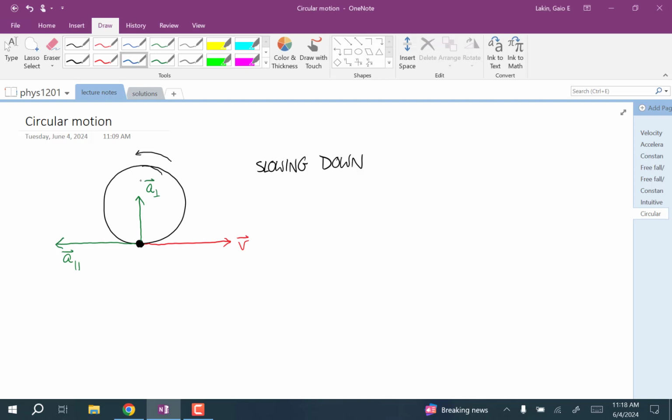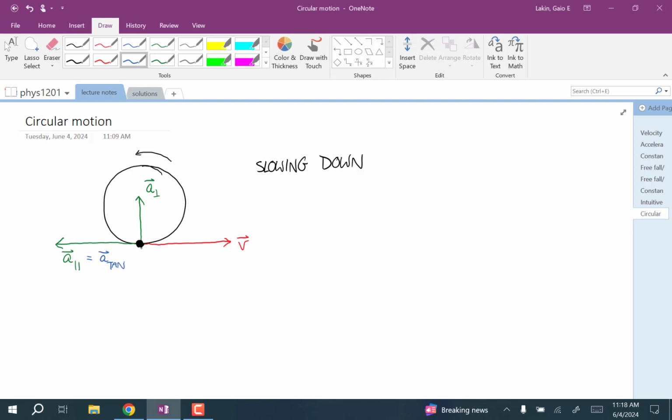One thing that is going to be different here, and I don't get to make these rules, is that when you're talking about circular motion, you give these a different name. So I want you to get used to these names. This parallel part of the acceleration is now called the tangential acceleration.